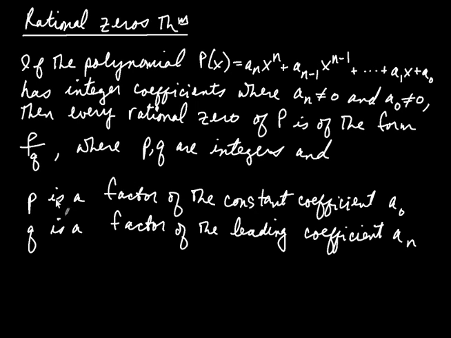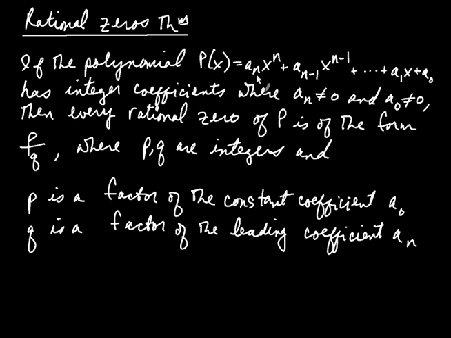And here's the important thing. The numerator p is a factor of the constant coefficient. You see the constant coefficient right here? The numerator of the fraction is a factor of that constant coefficient, and the denominator q is a factor of the leading coefficient.